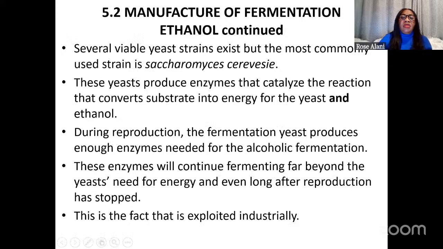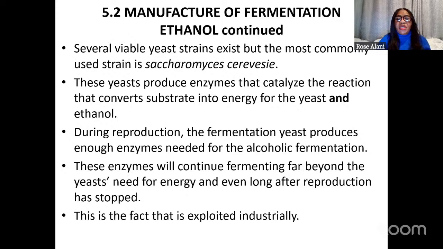There are several viable yeast strains that can be used, but the most commonly used strain of yeast for alcohol or ethanol fermentation is Saccharomyces cerevisiae. These yeasts produce enzymes that catalyze the reaction that converts the substrate into energy for the yeast and also into alcohol.